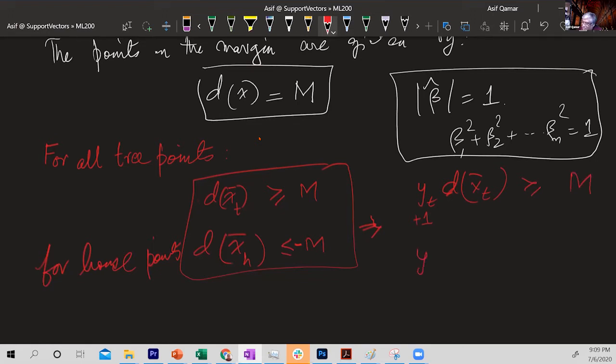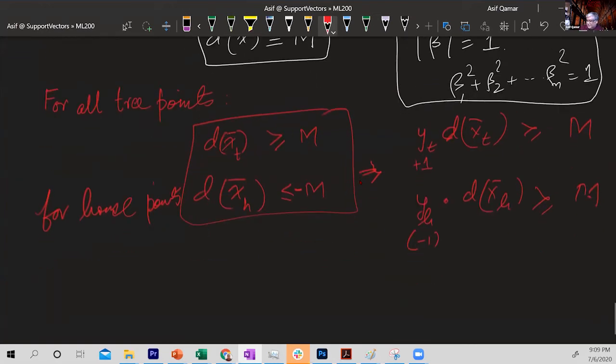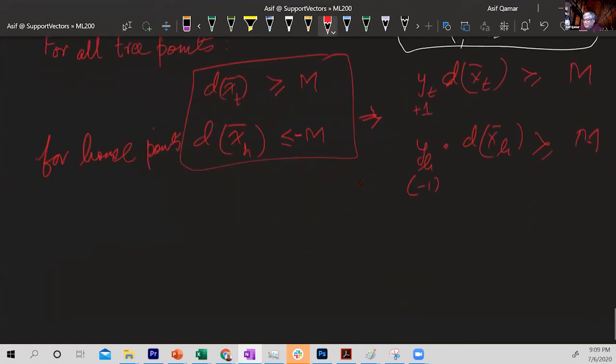On the other hand, y house is equal to -1. If you multiply it by dx house, what happens? When you multiply an inequality with -1, the sign reverses. And so this will also become like this. Do you see this, guys? It's just a clever mathematical trick, being clever with the symbols.